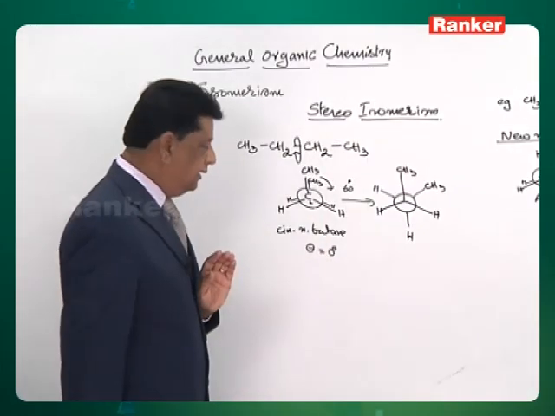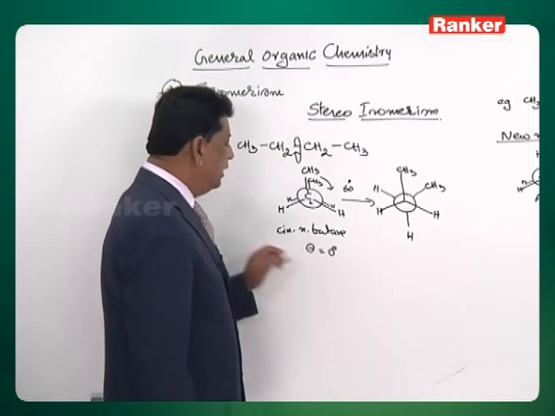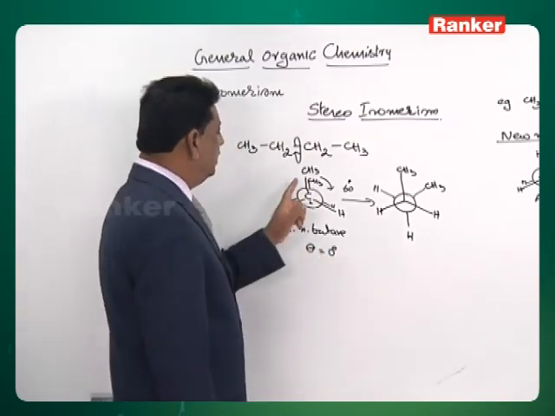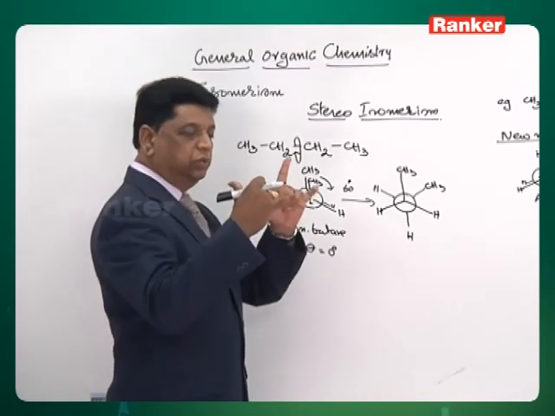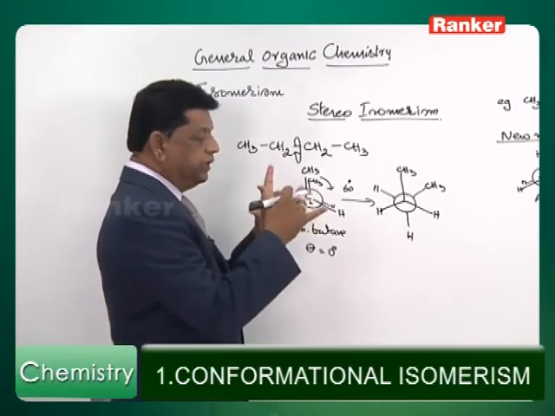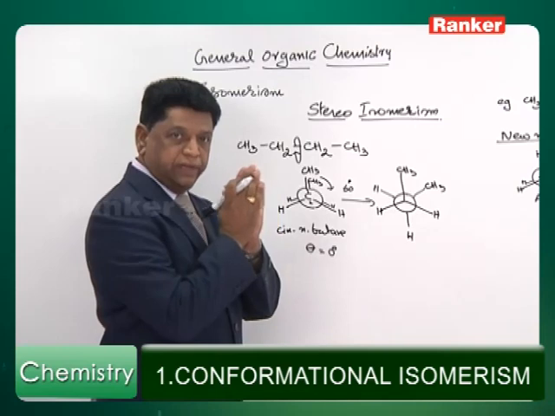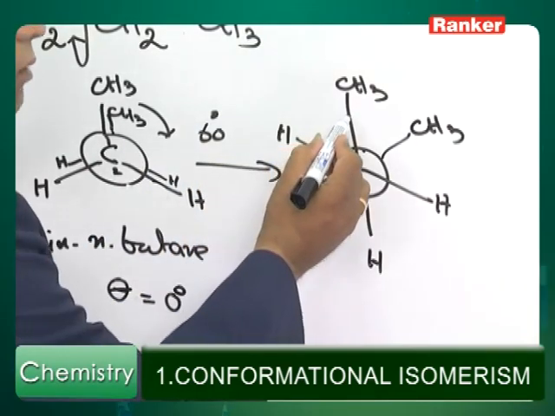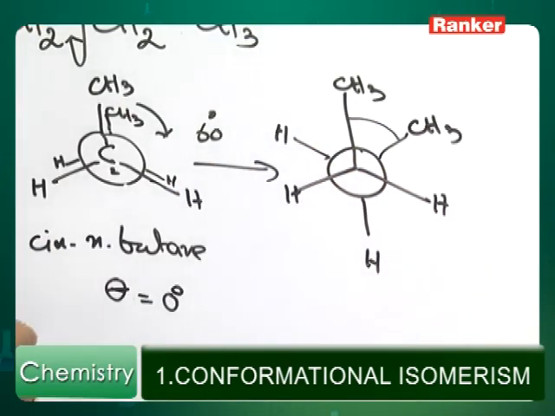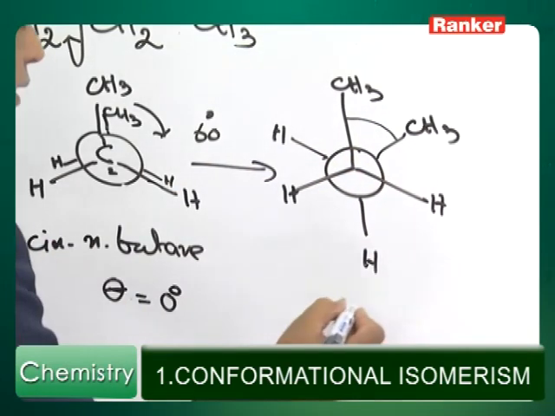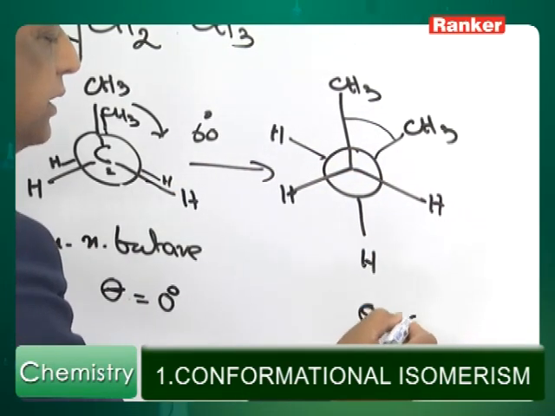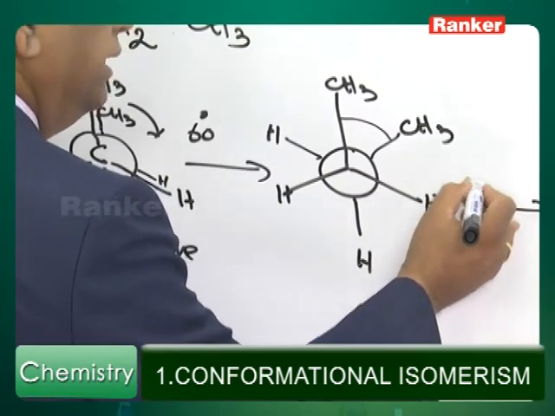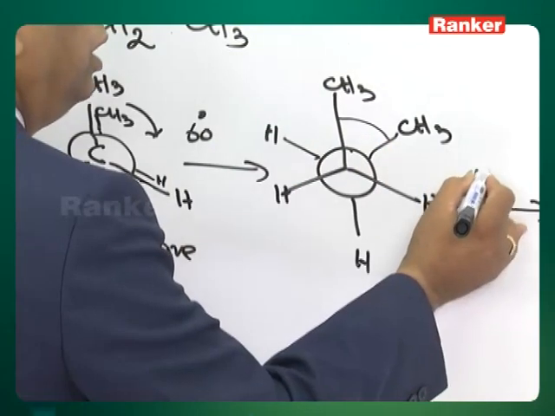Not the bond angle, that is called the torsional angle or theta, or dihedral angle, because two tetrahedrons are there, and they are brought into the same plane and then measured. So once again, it is the torsional angle between these two, theta equals 60 degrees. Okay.